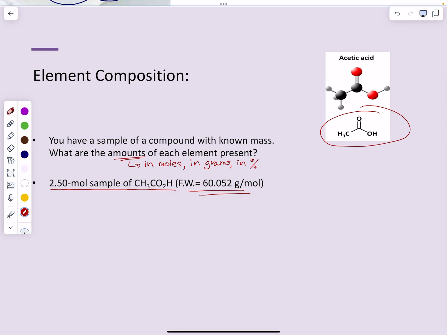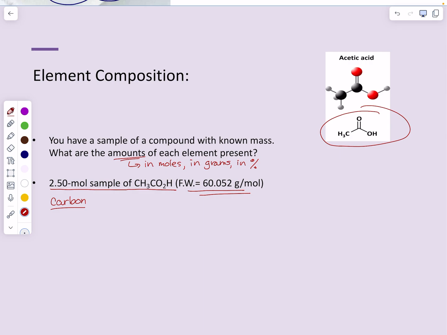So, if I have 2.5 moles of acetic acid, how much carbon is in that sample? Let's look at the carbon.